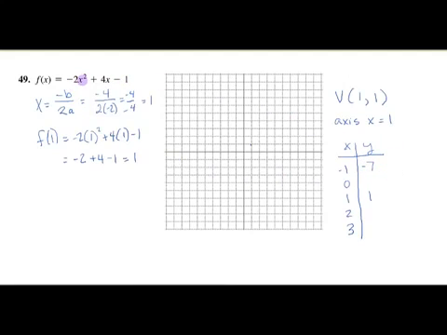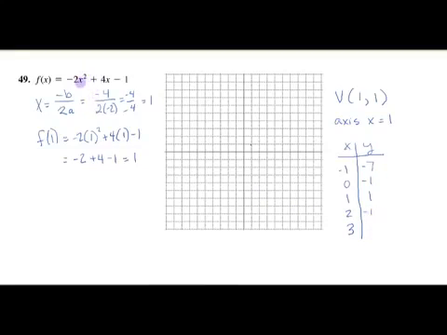Put in a 0. 0 squared is 0, so that goes away. This times 0 is 0, so that goes away. So we just have a negative 1 left there. On 2, 2 squared is 4 times negative 2 is negative 8 plus 8 is 0 minus 1 is negative 1, as we kind of expect because of the symmetry here.